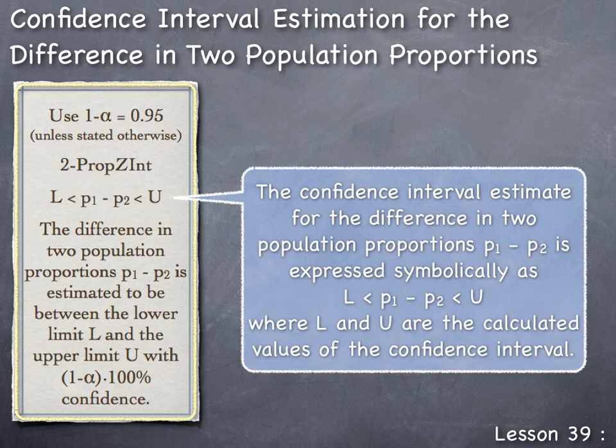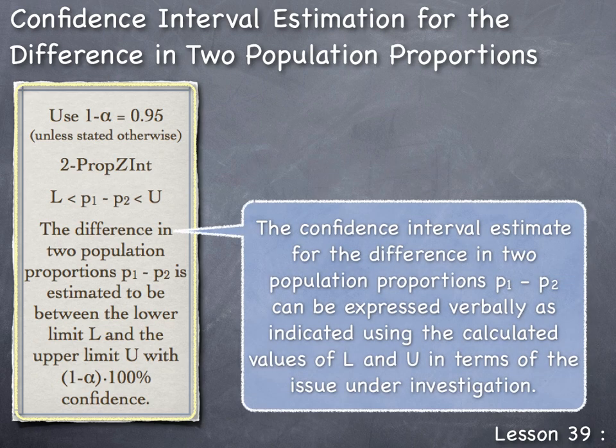The confidence interval estimate for the difference in two population proportions, p1 minus p2, is expressed symbolically as L less than p1 minus p2 less than U, where L and U are the calculated values of the confidence interval.